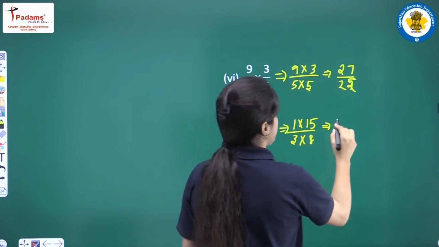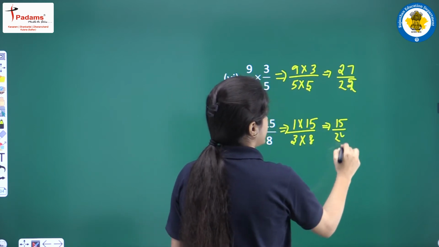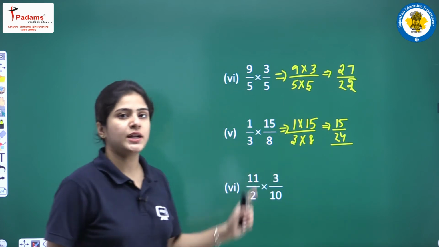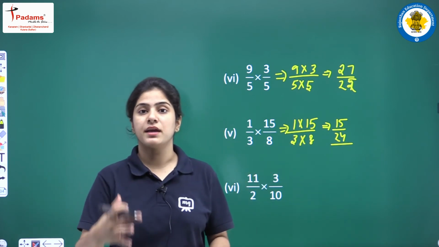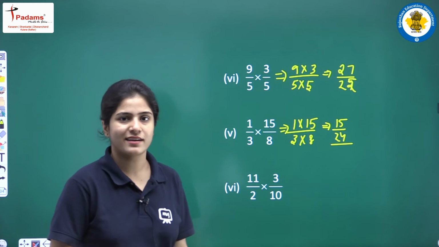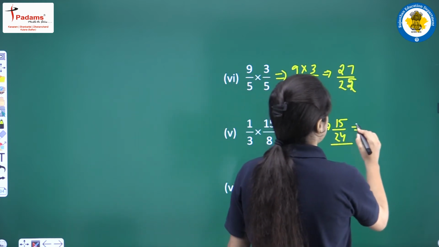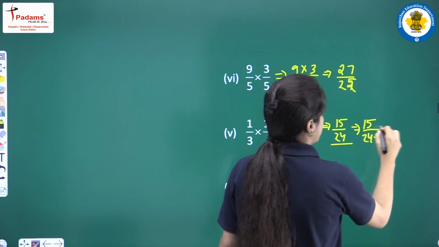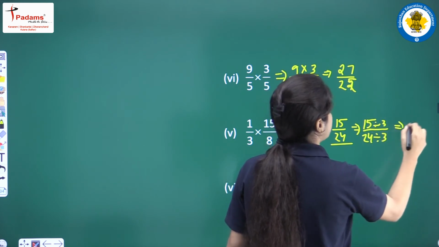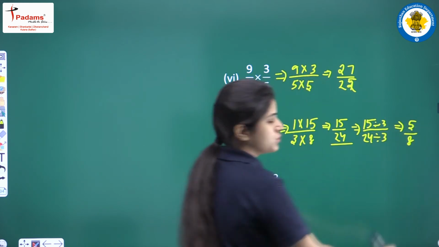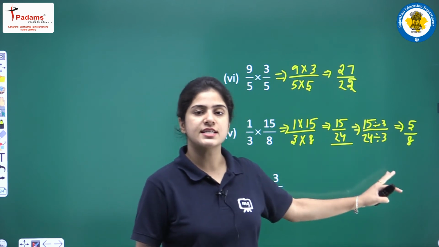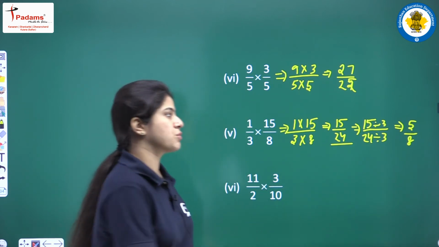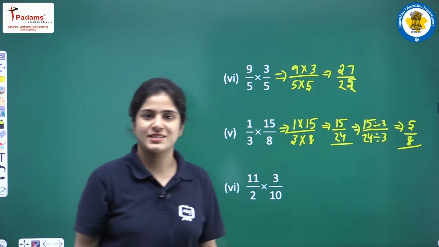This is 15 upon 24. Clearly 15 and 24 both come in the table of 3, so we will divide 15 upon 24 by 3. This is 5 and this is 8. So the answer will turn out to be 5 upon 8.